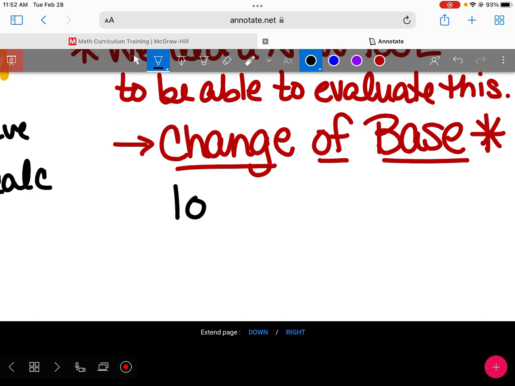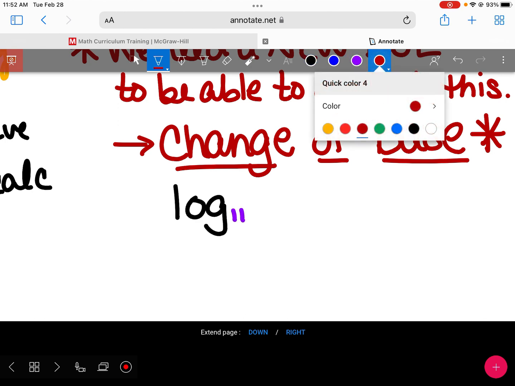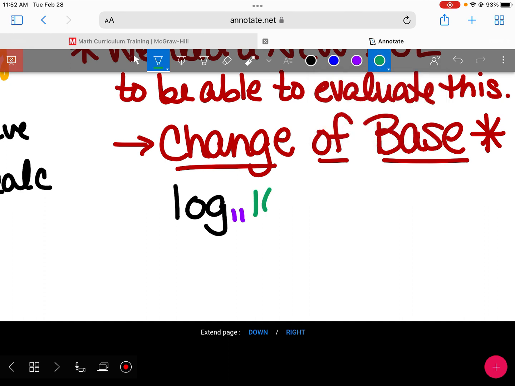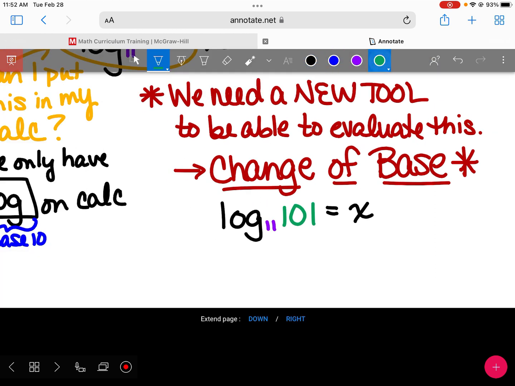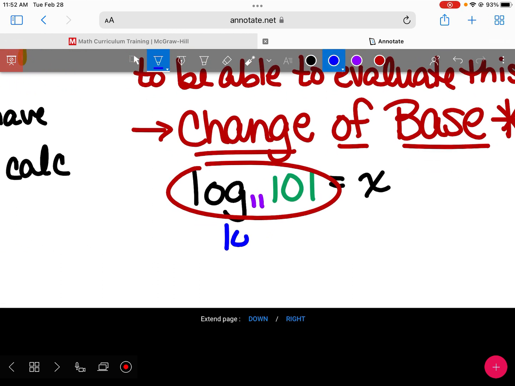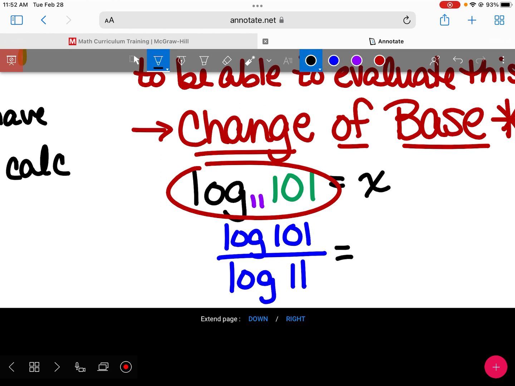All right, so we had log base 11 of 101 equals x. How can I rewrite this log so that I could put it into my calculator? Log 101 over log of 11 equals x. Grab your calculator.